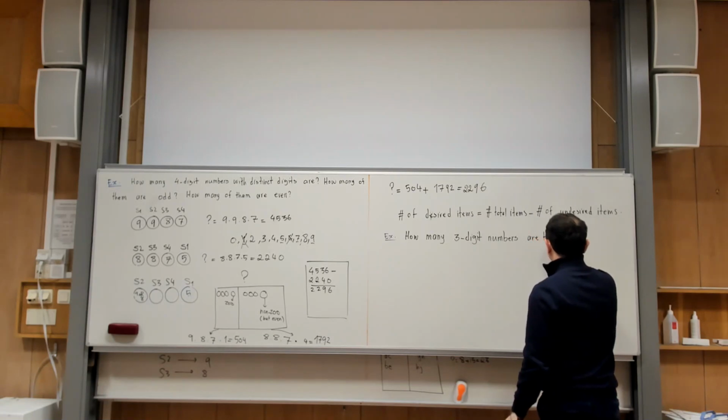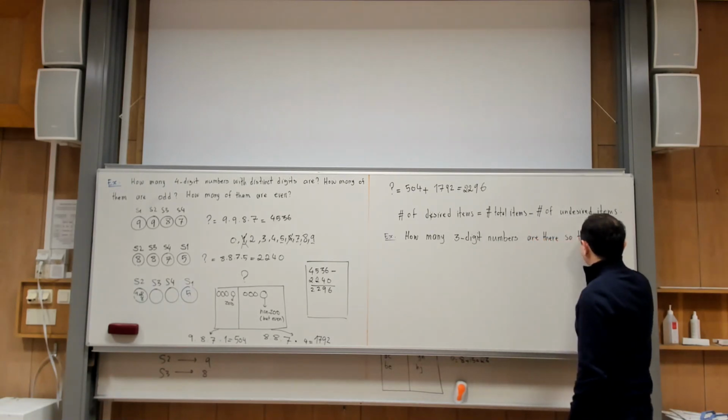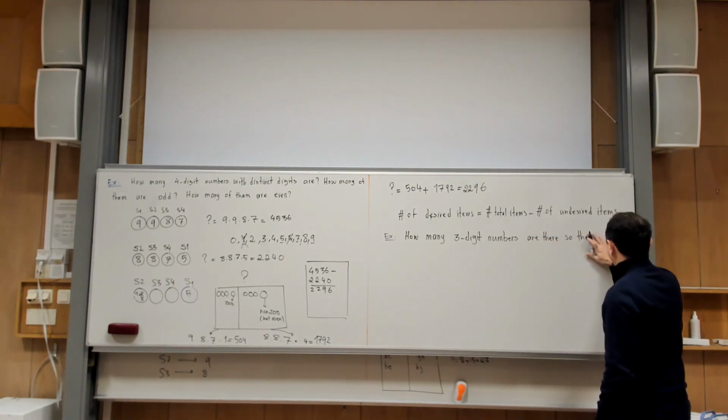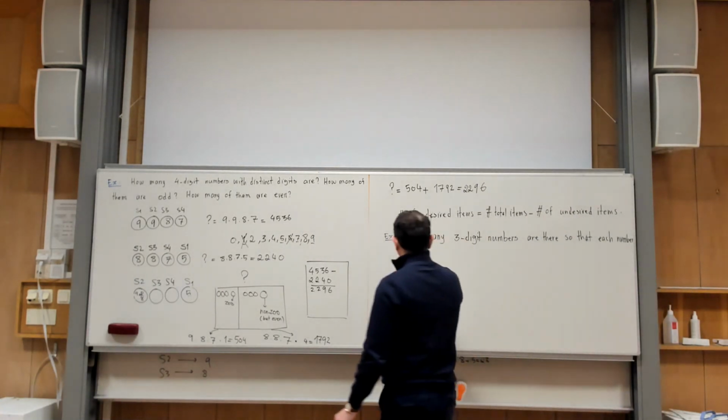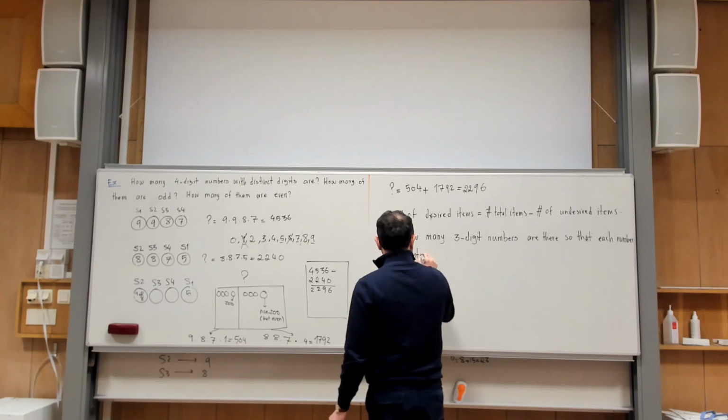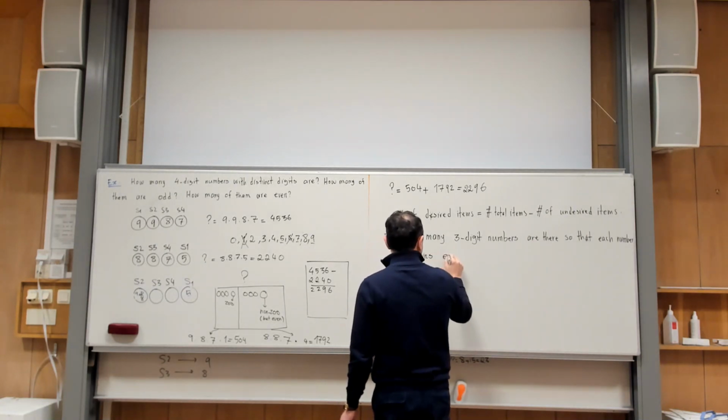How many are there so that each number contains exactly one 5?